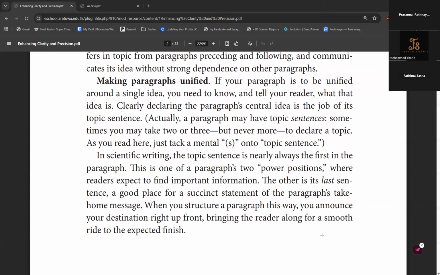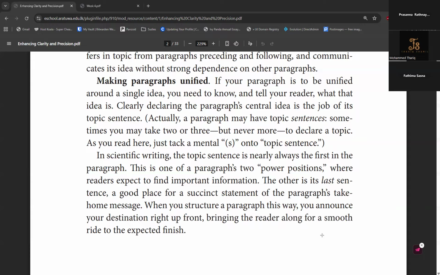How do you make your paragraph unified now? It is quite simple. If it is about one single idea, tell the idea first. That is what you do in the topic sentence, right? Clearly declaring the paragraph's central idea is the job of its topic sentence, right?